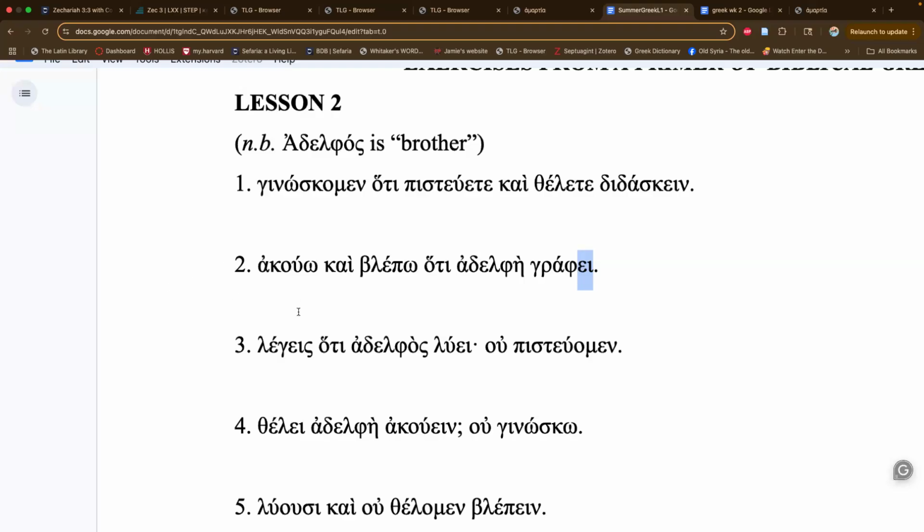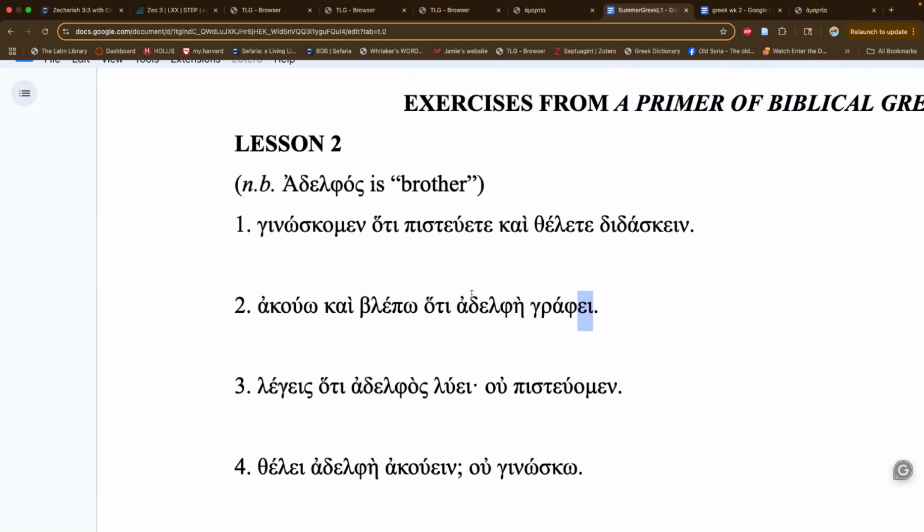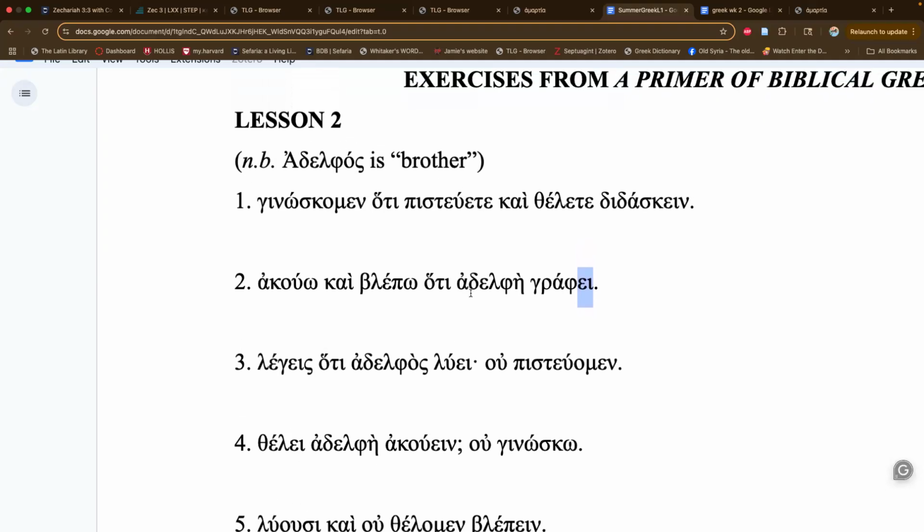So I hear and I see that sister writes. Oftentimes we'll look at the articles later, but you would expect, like, "hey, adelphe," if it were to be the sister. But there are a lot of times where Greek doesn't use an article where you would expect one in English. So when you're translating, because that "sister writes" sounds a little rough, you can say a sister writes, or you can say the sister writes.